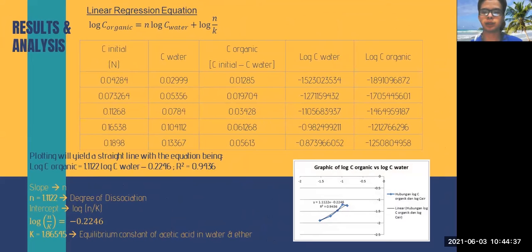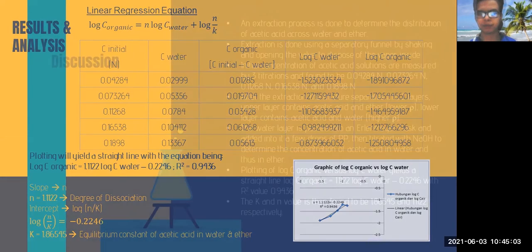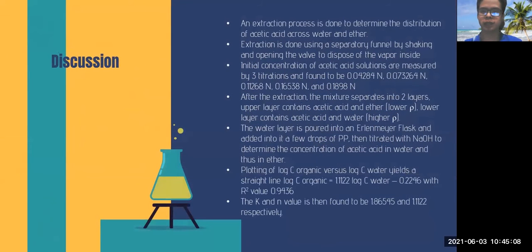After all the concentrations are known, the logarithm of C water and C organic are taken and plotted to yield a straight line with the slope of 1.1122 and the intercept of minus 0.2246. Slope represents the degree of dissociation, while from the intercept we can find the equilibrium constant to be 1.86545.